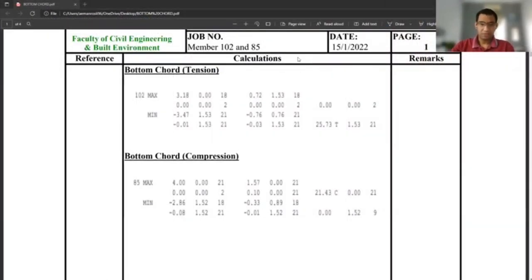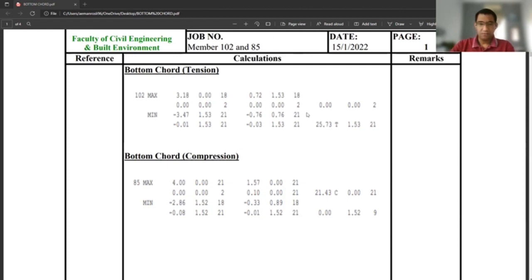Assalamualaikum warahmatullahi wabarakatuh. My name is Aiman Fifi bin Rosli. My matrix number is CF1001C. I will explain my part, the bottom chord, the calculation of the tension member and compression member. Before we go to the steps of calculation, I will tell about the values that we get, the values of tension and compression.